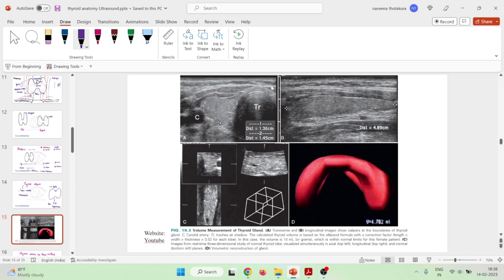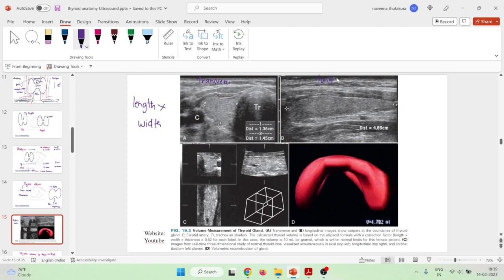So we have to take the length of the thyroid gland, and then you will calculate the width. This is one view, and this is actually a transverse view. In the transverse view, you can calculate the length, which is this, and the width of the thyroid gland.